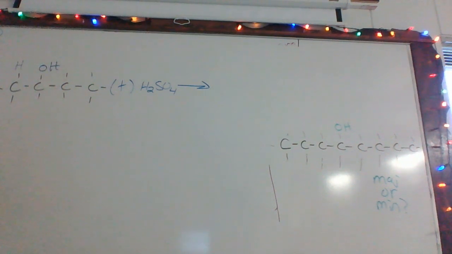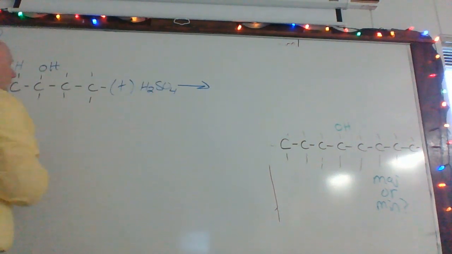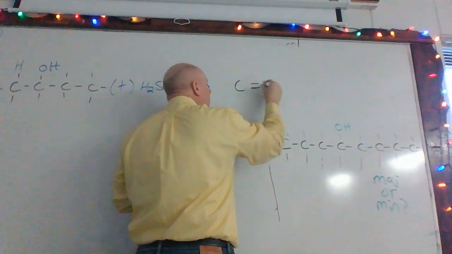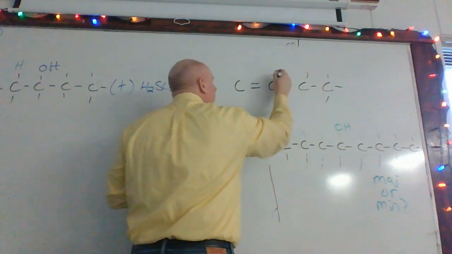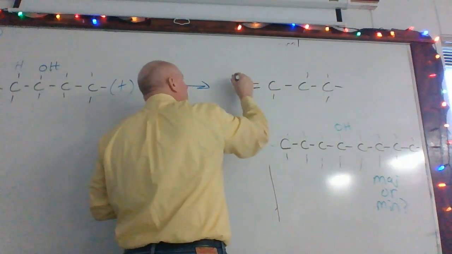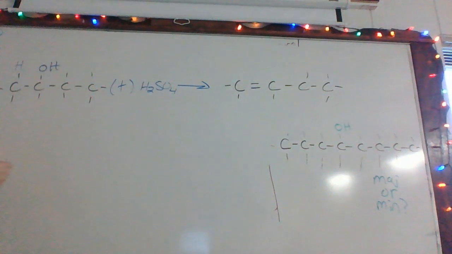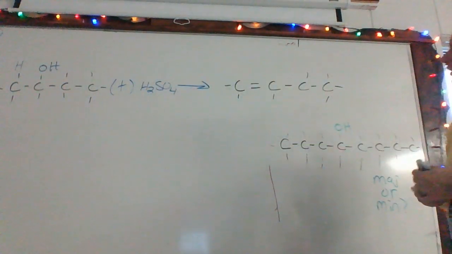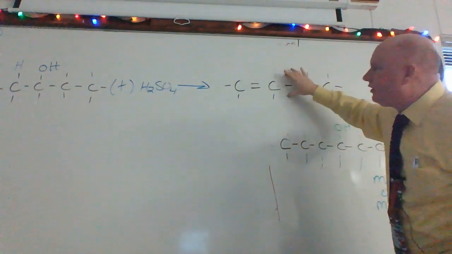So what that means then is, from prior knowledge, we know that we're going to form a double bond here. So when we say more substituted, it means closer towards the middle.